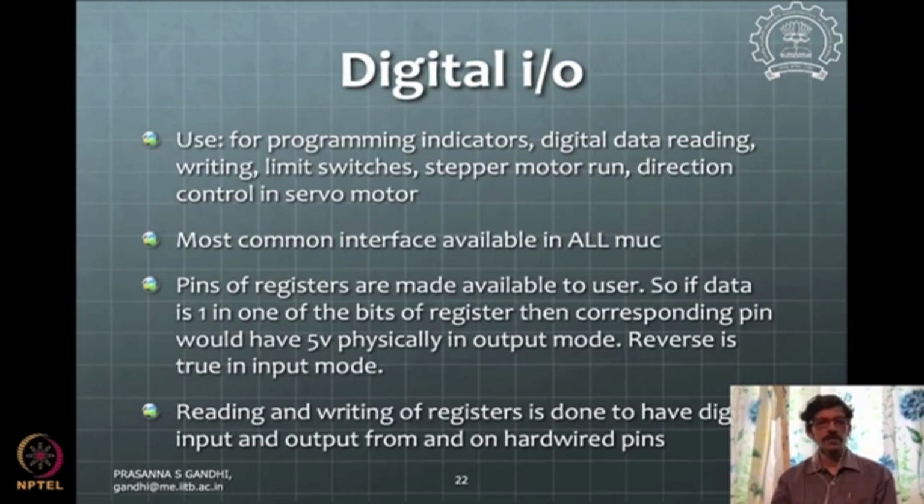Depending upon whether the value in the register is 0 or 1, the pin will go high or low, and that is what is indicated and used by the external user in some way. And you can have some kind of logic for this wire to input the data to the register as well.